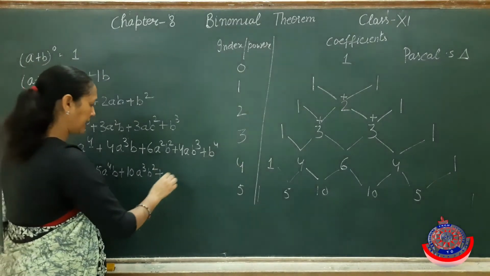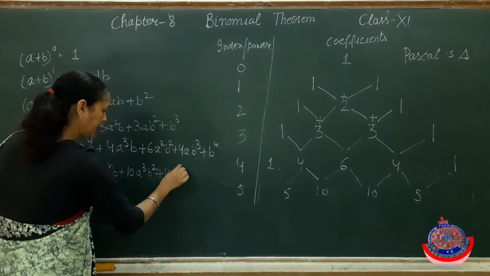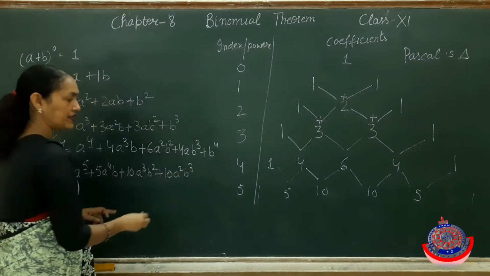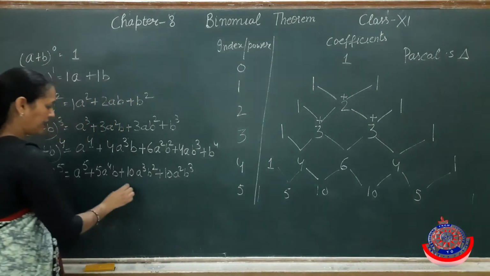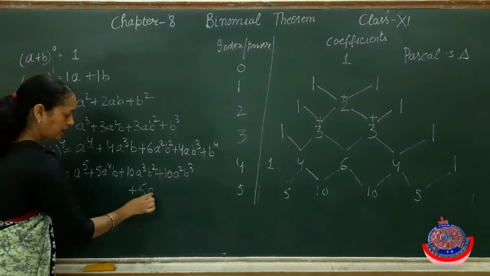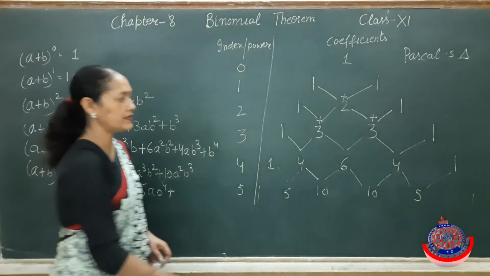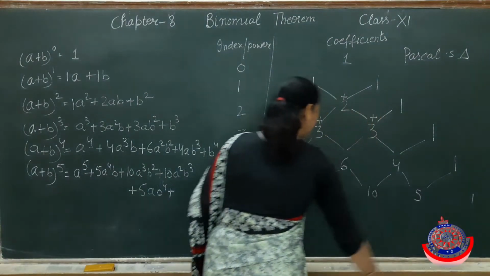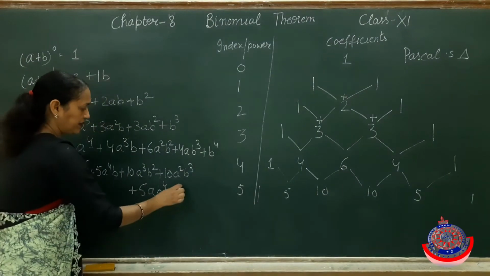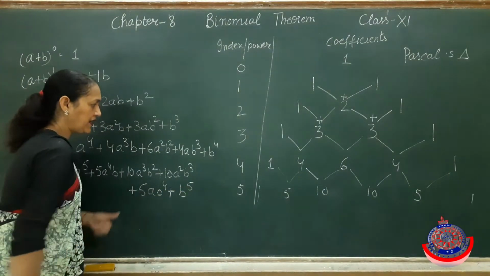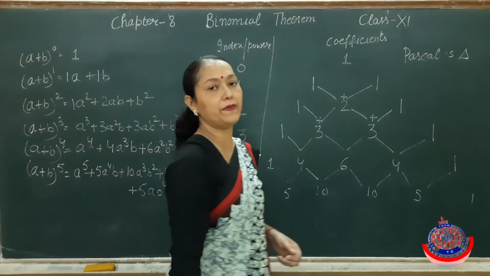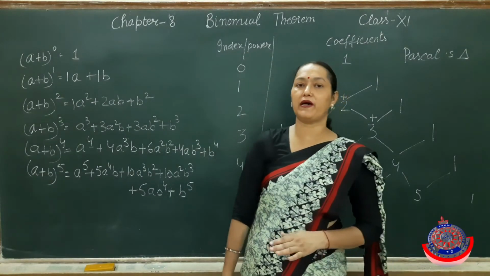Then after 10 again 10 comes, A is decreasing, B is increasing, then 5, A, B4, and in the last it is 1, coefficient 1, so it will be B5. So we have written the formulas of A plus B power 4 and A plus B power 5 with the help of Pascal's triangle.